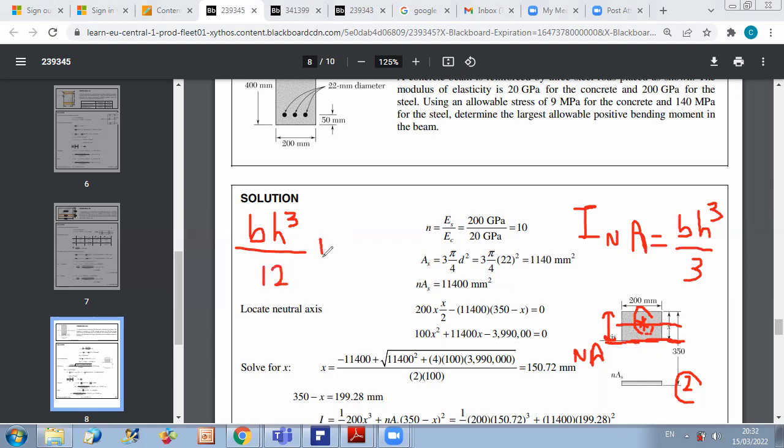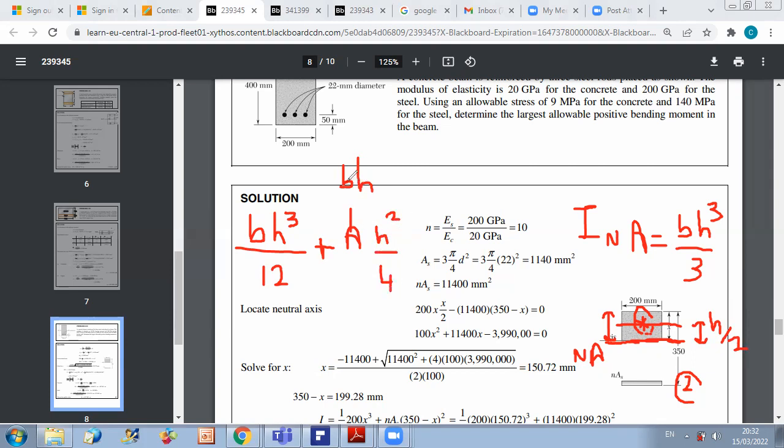You should apply the parallel axis theorem. So you should add plus area, and the area is b times h, times the distance from the axis passing by the centroid of the section to the neutral axis squared. And this distance is h over 2. So when you do h over 2 squared, you will get plus A times h squared over 4.